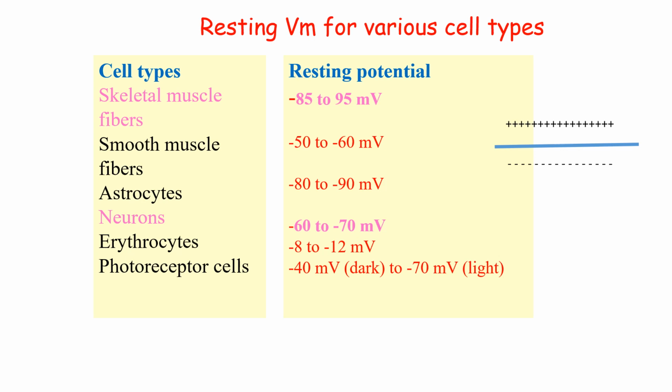When we say it is a negative resting membrane potential, we mean that the inside of the cell is more negative as compared to the outside of the cell. So it is a relative term, where we are comparing the inside of the cell with the outside of the cell.